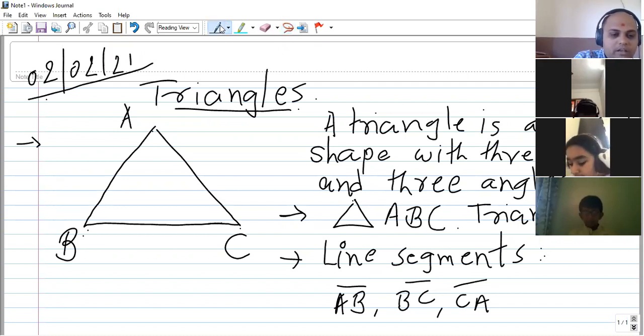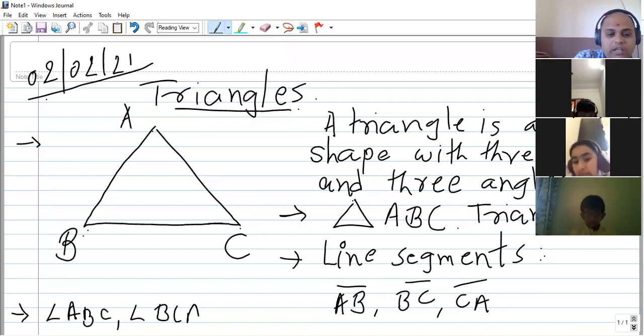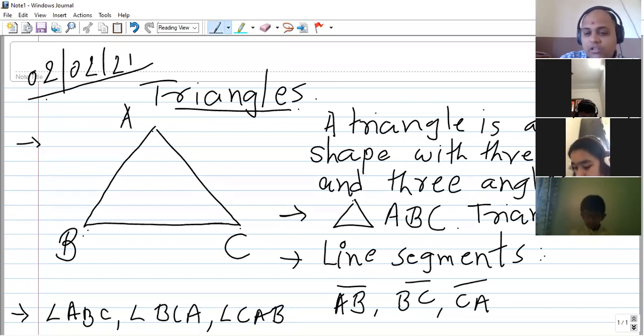Here, which are the angles? Angle ABC, angle BCA, angle CAB. Three angles.